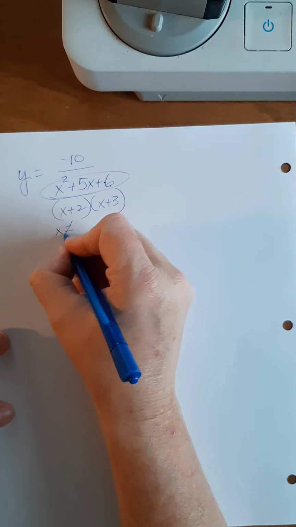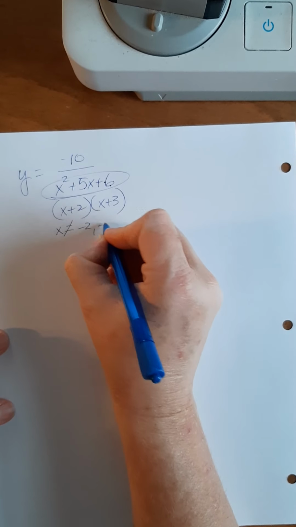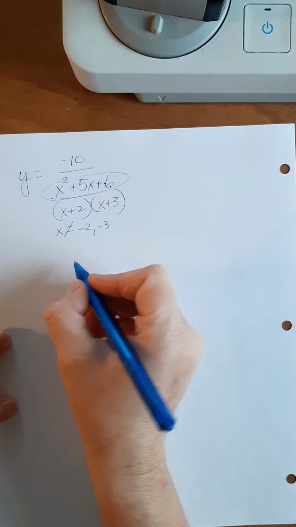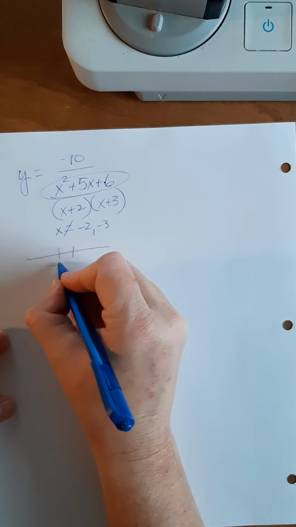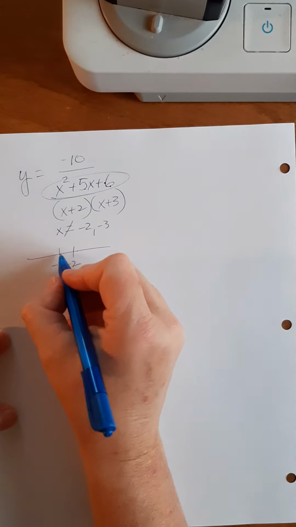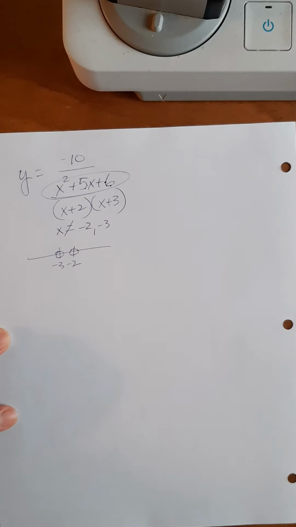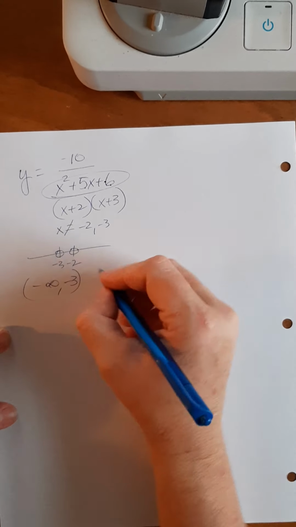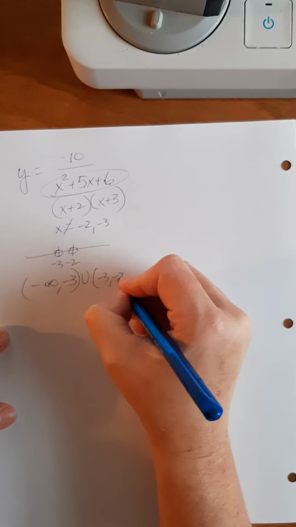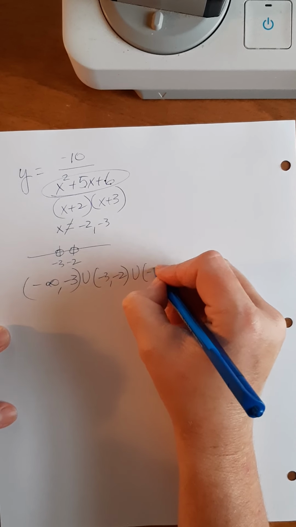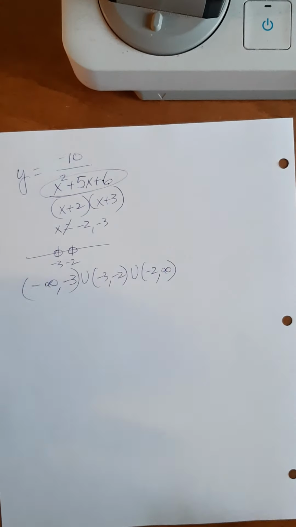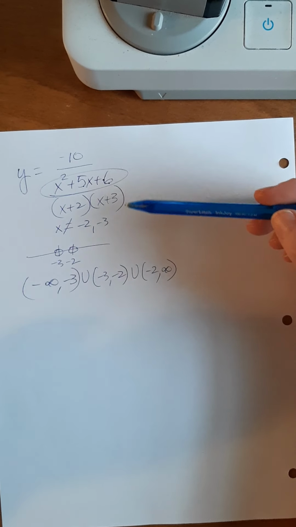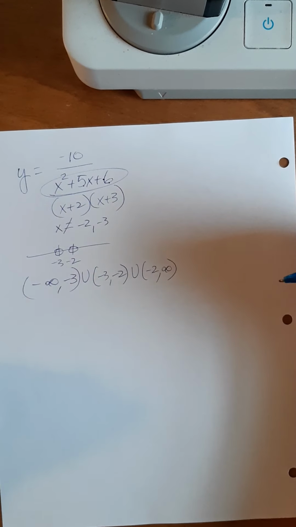So x can't equal negative 2 and negative 3. So think about it on your graph. It can be everything but that. So you're going to have negative infinity to negative 3, union negative 3 to negative 2, union negative 2 to infinity. So you might have on occasion where you have to factor it. It's usually not too weird, but there you go.